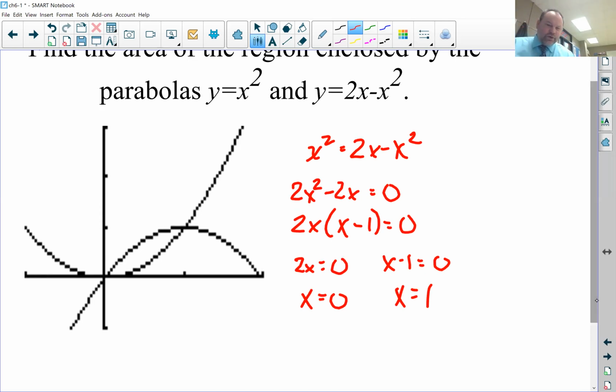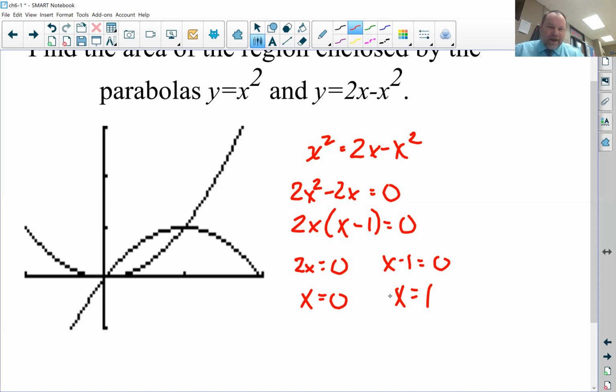The other thing is knowing which function is the larger and which is the smaller. Now, in this case, I think we could reason which is which because of the minus x squared giving us that upside down parabola. But if we didn't know, what I would suggest, pick a value on our interval, so between 0 and 1, plug it in, and see which gives you the larger y value.